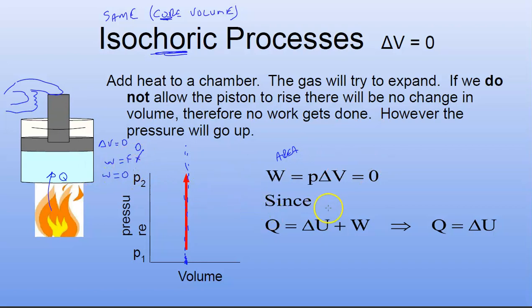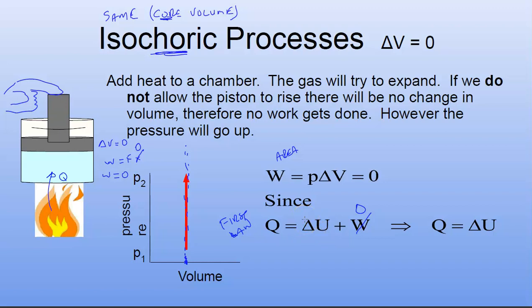All right. Now, if I bring that back to the first law, right here I've got the first law of thermodynamics that we were talking about. And this is kind of a neat thing to do. I just found out that the work in the isochoric process is 0, so see how all of that heat had to go into the internal energy? And we've already said the temperature goes up and the pressure goes up. So that's where that's stored.